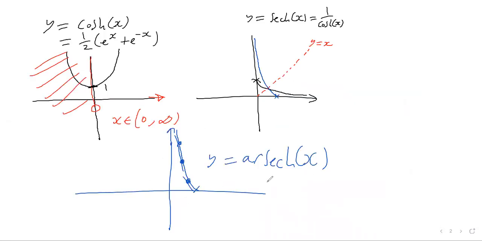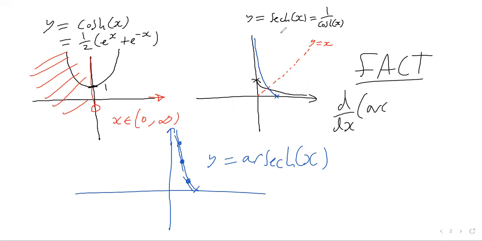So if we go back here, we've got this y equals arsech function, and we can see the gradient is negative. So we know for a fact that d by dx of arsech of x is less than 0 for all x values in our domain.